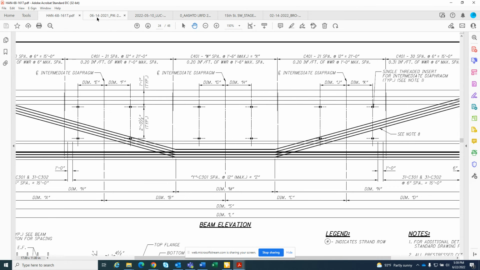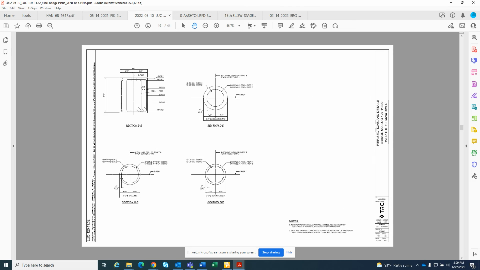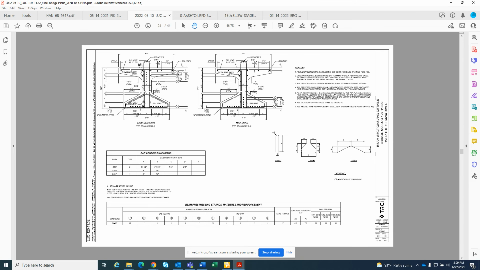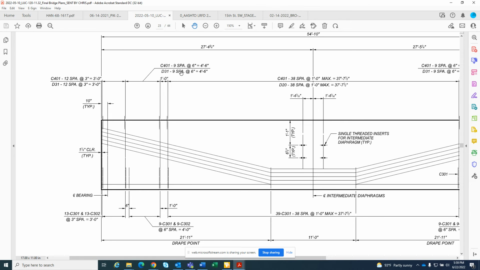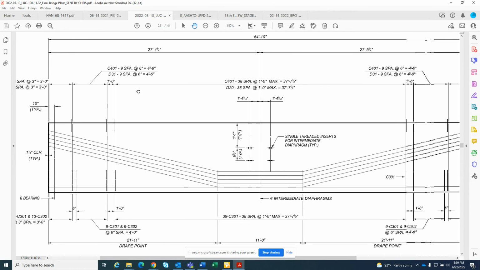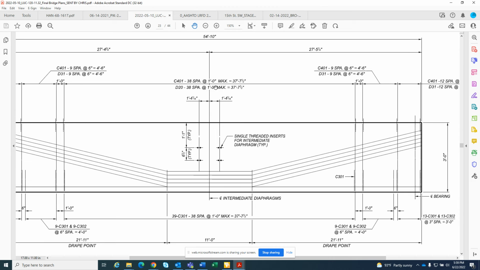This is a hand 68, and then on Lucas job which I designed when I was with TRC, I kind of did the same thing. C401 is the hook rebar matching with the D31 at 3-inch spacing. Then beyond 3 foot, it's a 6-inch spacing, and after that you have 1 foot spacing. I try to match the spacing.